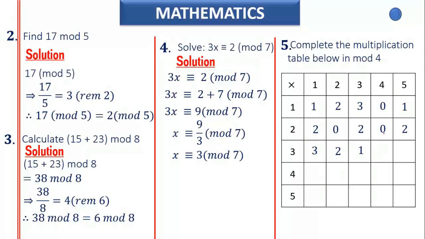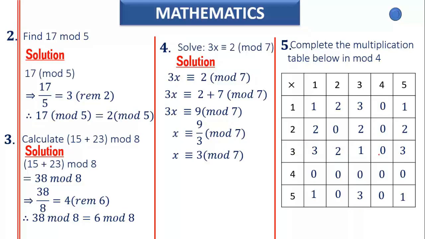Okay, and 4 times 3, that's 12. 12 divided by 4, of course that will give us 0. And so on and so forth. You can get the value for every other entry that's supposed to be there. So that's that for the table. We have completed our table.